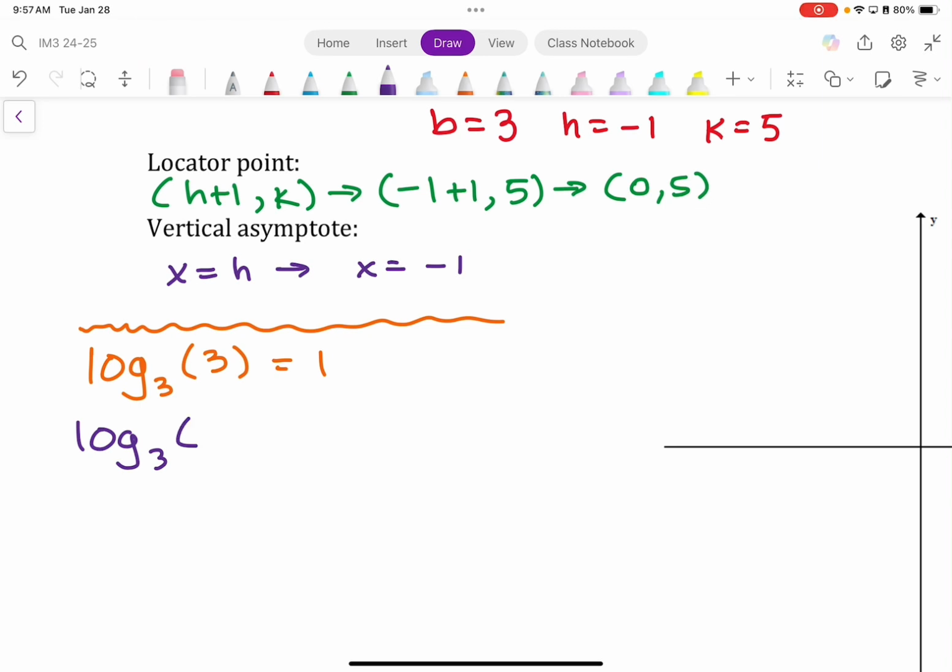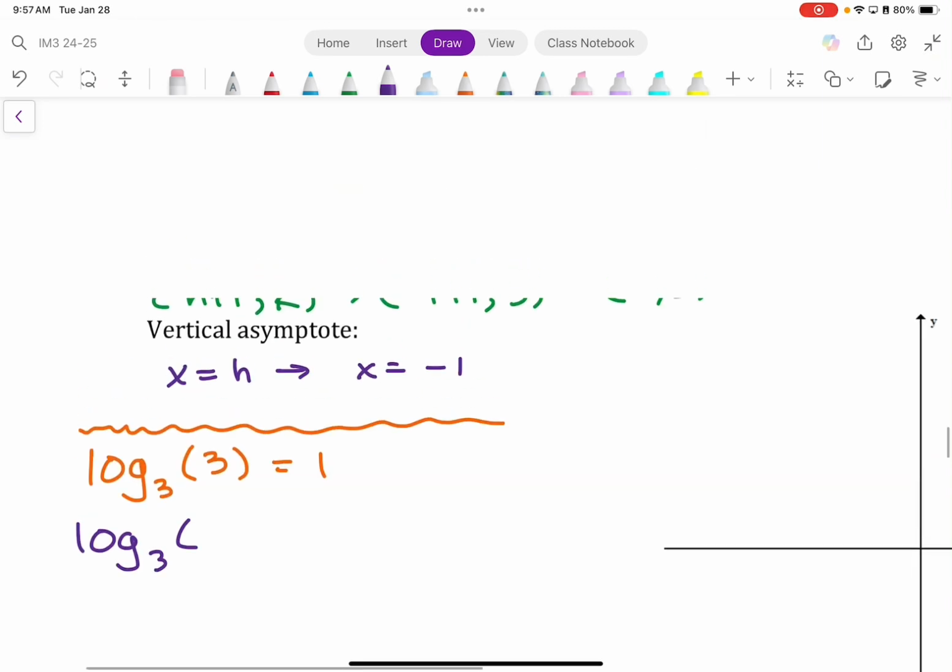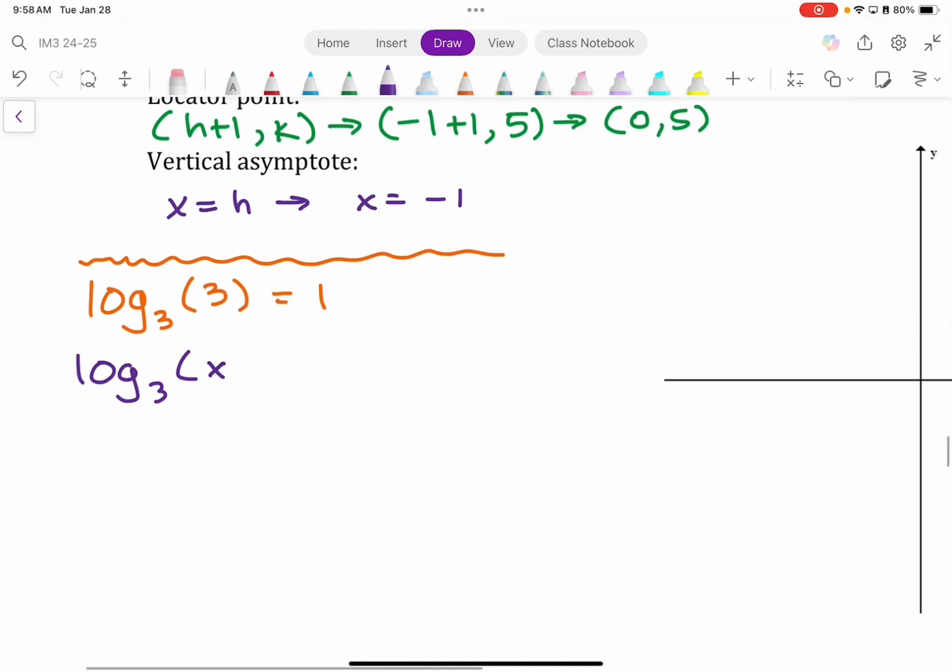So I'm going to rewrite the function. The function itself is actually log base 3 of (x plus 1) plus 5. Now, we want the stuff on the inside to equal 3. That's what we're looking for, because we know when we take log base 3 of 3, it'll equal 1. So we want that x plus 1 to become a 3.